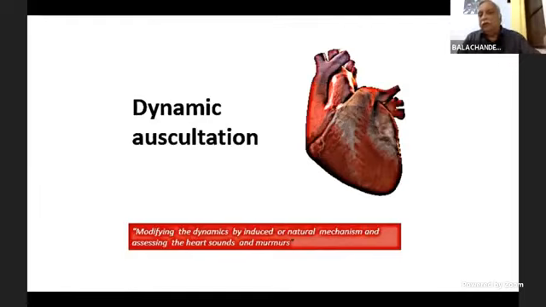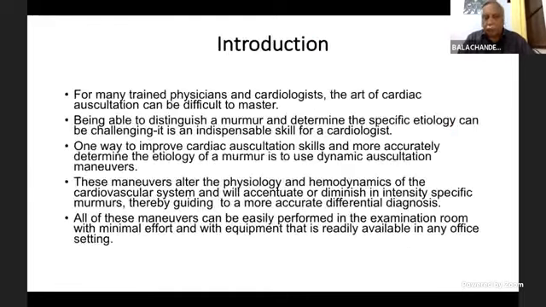So dynamic auscultation is nothing but modifying the dynamics by induced or natural mechanisms and assessing the heart sounds and murmurs. Now, for many trained cardiologists, the art of auscultation is difficult to master, and that's why these new inventions are trying to make auscultation obsolete.